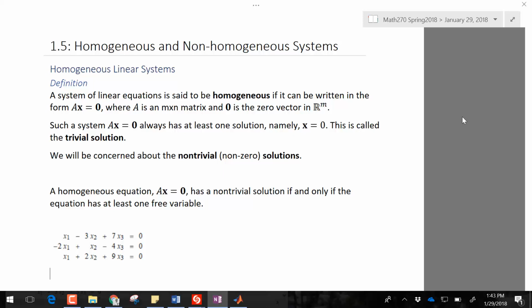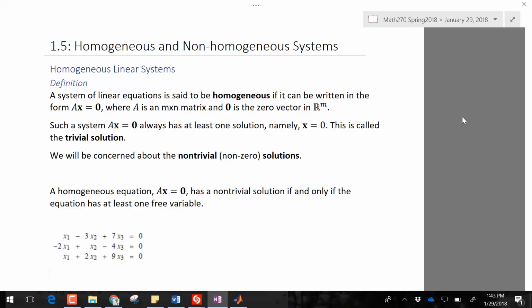So the idea of homogeneous is something just is equal to 0. There's this unfortunate definition in differential equations where they talk about homogeneous differential equations that doesn't really fall under this category. And then later on, they'll talk about homogeneous differential equations that does fall into this category. So it gets a little confusing.